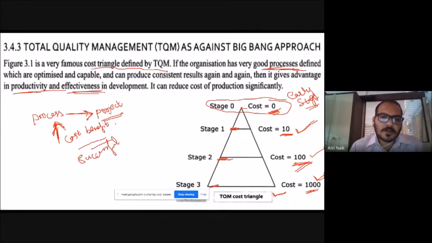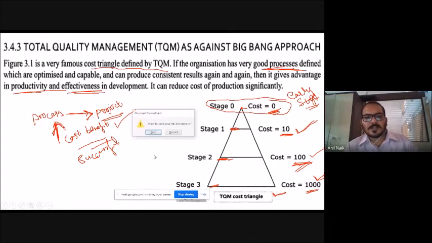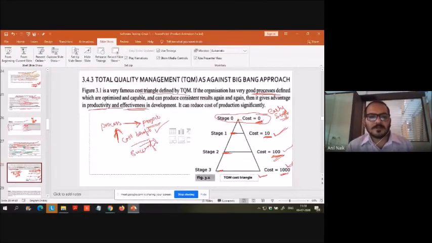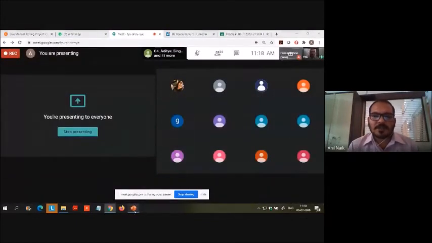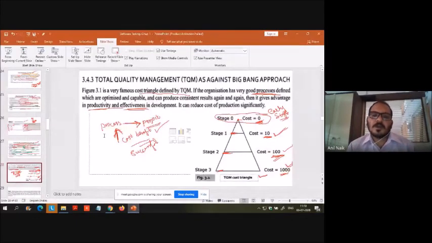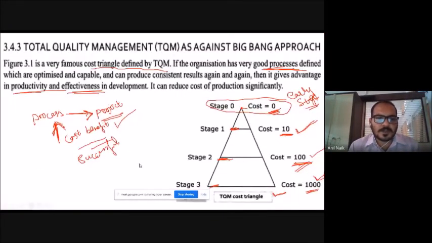The same process they will apply for different projects also, because this process is giving a cost benefit.